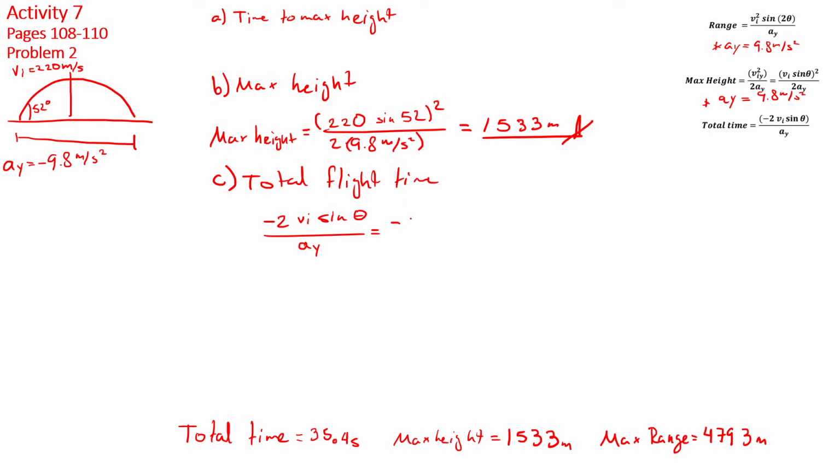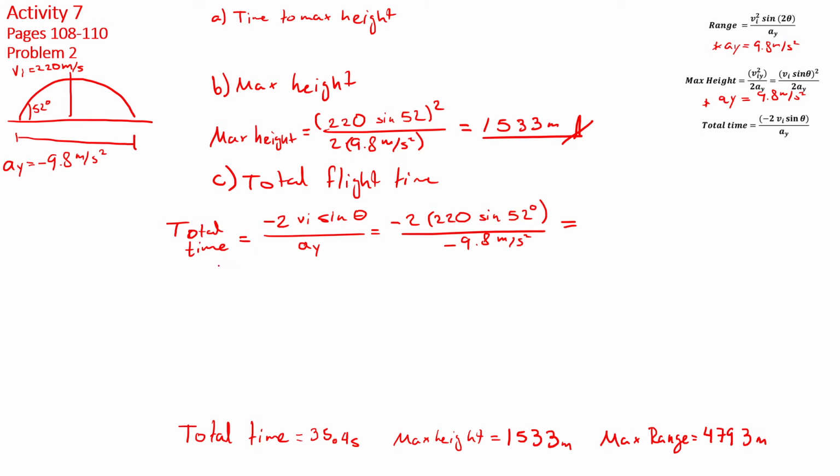It will be minus 2 multiplying 220 sine of 52, and that divided by minus 9.8 meters per second squared. Try to do it. I'll give you a moment. Remember, this is the total time.